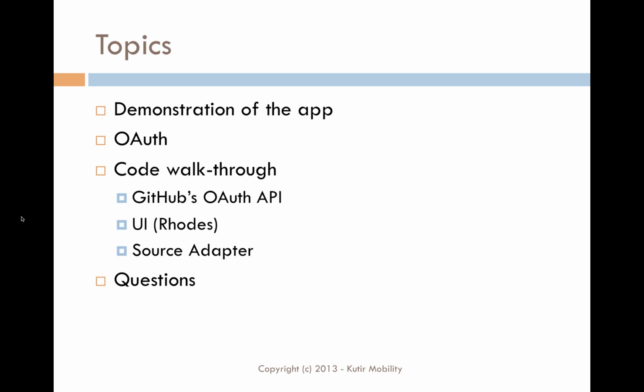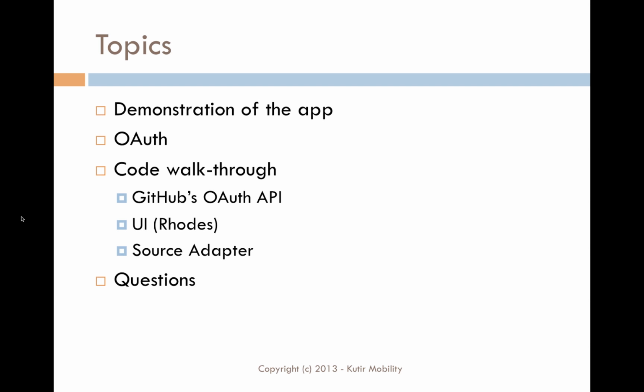So the way we are going to go through the presentation today is I'm going to give a brief demonstration of the application. Then I'm going to present what OAuth is and how to use GitHub's OAuth APIs.